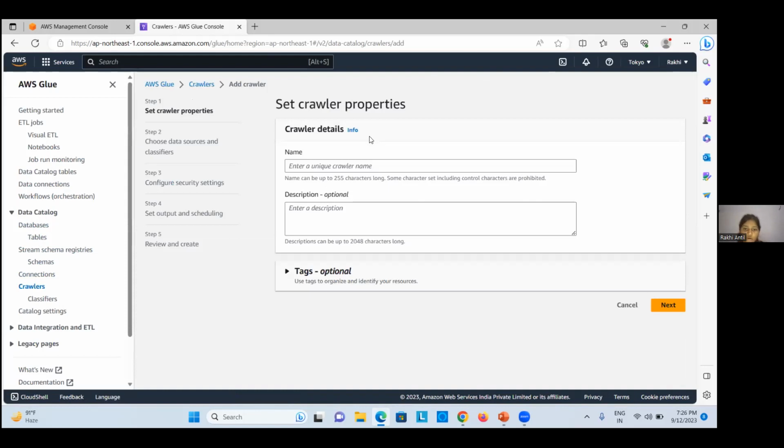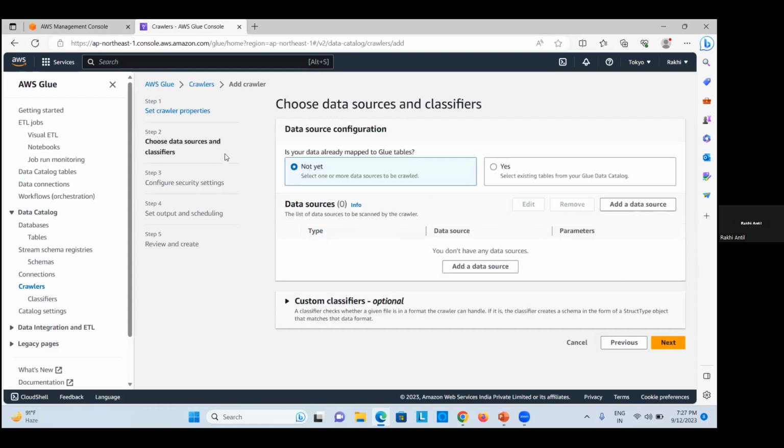Create crawlers. There are 5 steps to create a crawler. So first give a name, Rakhi 1, 2. Description is optional. Then click on next. The second step is choose data sources and classifiers.